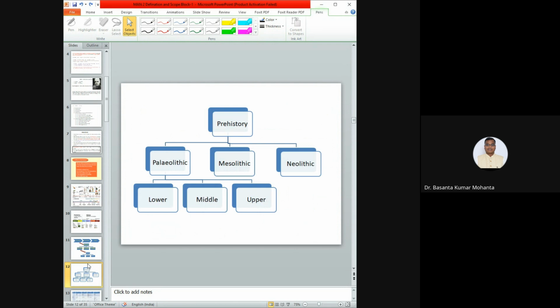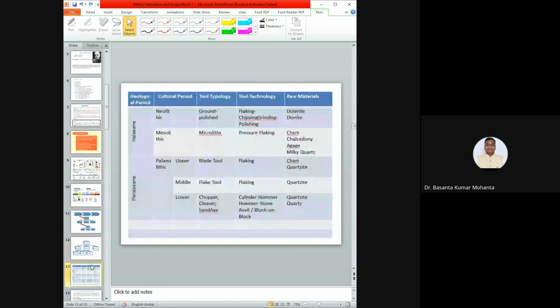This prehistory is divided into three cultural periods: Paleolithic, Mesolithic, Neolithic. Paleolithic is again divided into three subdivisions: lower, middle, and upper. If we discuss the differences between one cultural period and another, we'll see there are so many differences.